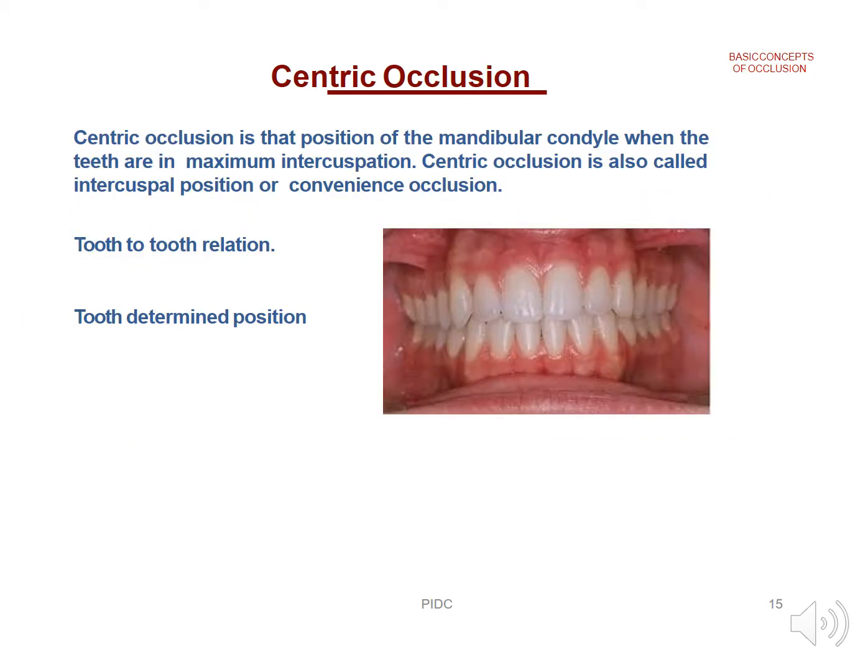Whereas centric occlusion is a tooth-to-tooth relation and it is a tooth-determined position. Centric occlusion is that position of the mandibular condyle when the teeth are in maximum intercuspation. So the keyword is the maximum intercuspation. Centric occlusion is also called intercuspal position or convenient occlusion.